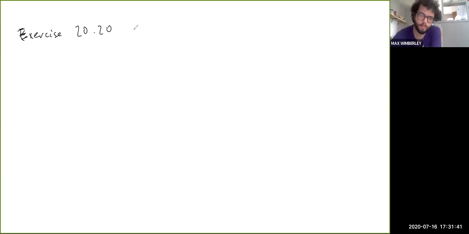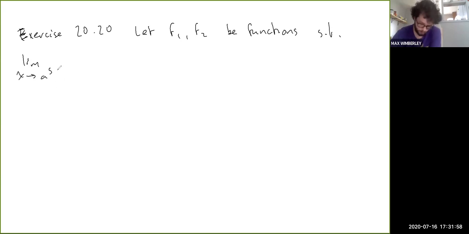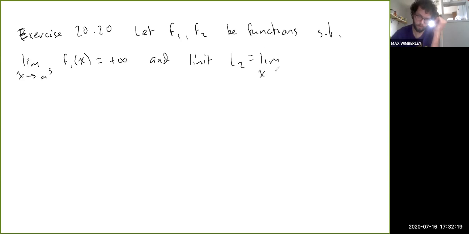Let f1 and f2 be functions such that the limit as x approaches a along S of f1 of x is plus infinity, and the limit, L2, the limit as x approaches a along S of f2 of x exists.